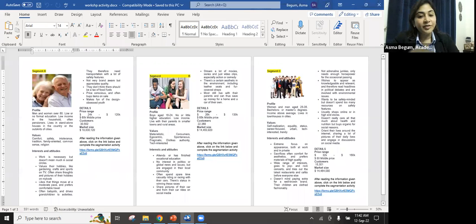Now that we have completed the activity where we have done the individual as well as the group activity, you all have data in front of you. Now all the segment A students will assemble on the left side of the class, segment C on the right side of the class, and segment B in the middle of the class.